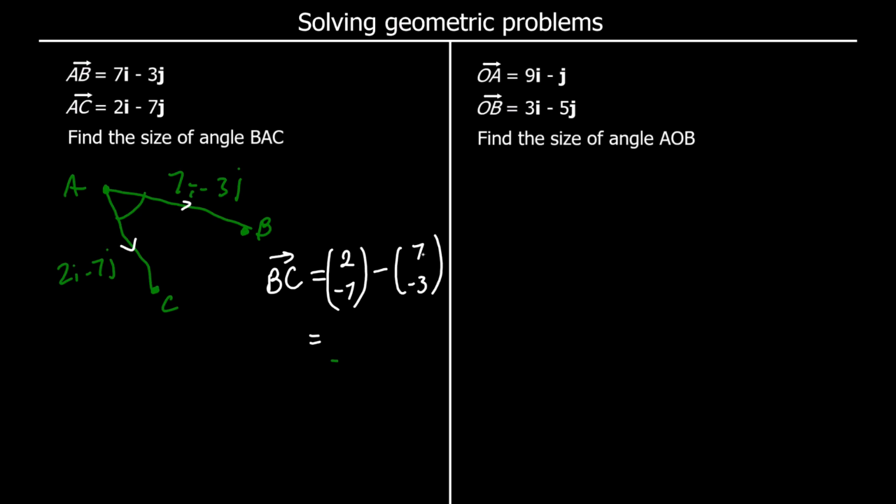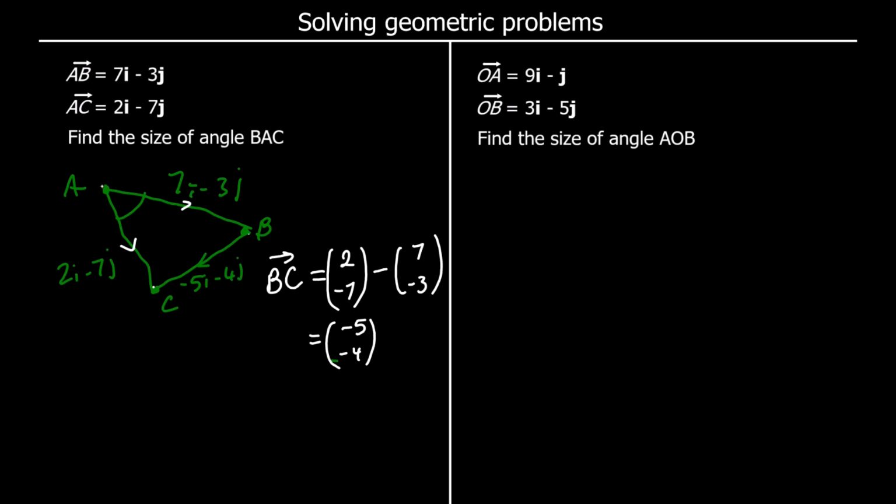So 2 take away 7 is negative 5. Negative 7 take away negative 3, that's negative 7 plus 3, is negative 4. So to get from B to C, we're going back 5, down 4. So B to C is negative 5i minus 4j.